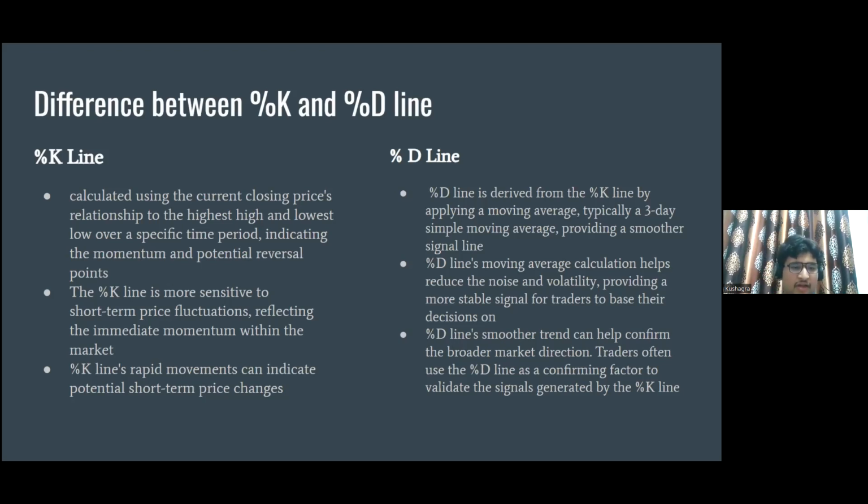As I mentioned in the third point, rapid movements can indicate a short-term price change, whereas the percentage D line has a smoother trend and indicates the broader direction, not the short-term direction. Also, since it's a smoothened and reliable version, traders often see the percentage D line as a backup for the percentage K line. So that's why it's quite important.